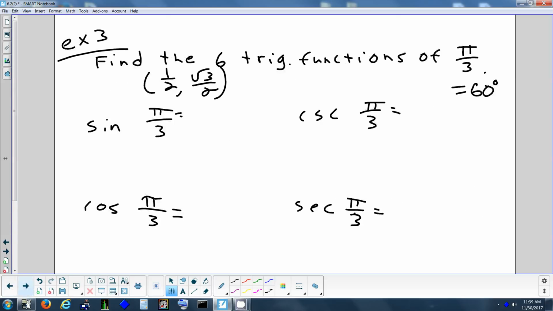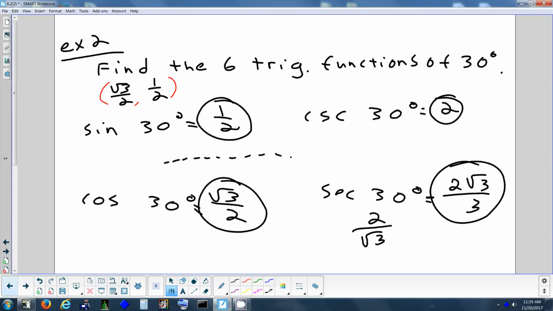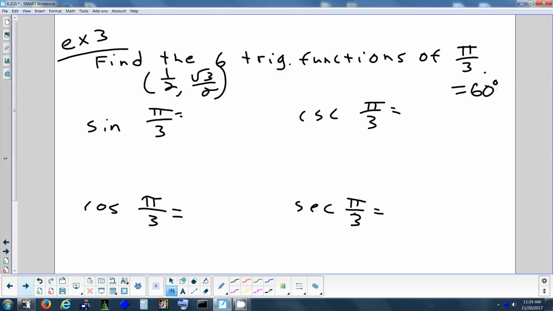So you're going to get all the same answers again, except everywhere there was an x, you're going to have a y. And wherever there was a y, now you have an x. They all switch. So what would my sine be? Now that's my root 3 over 2. My cosine?